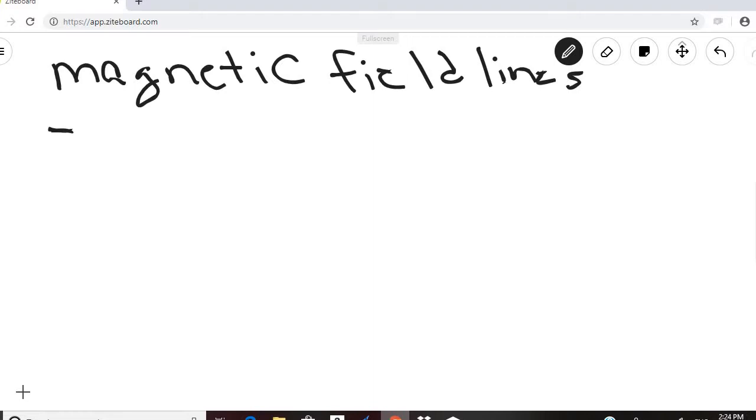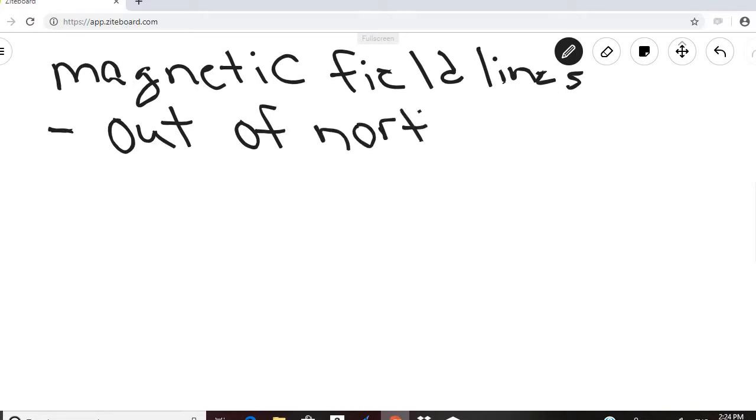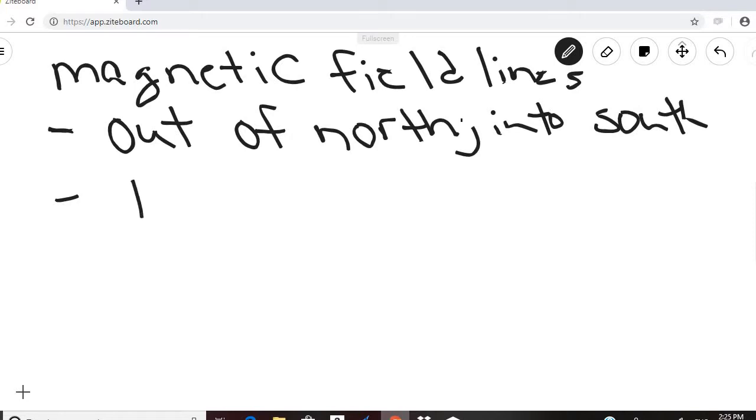We'll do some examples, but the magnetic field lines come out of the north and into the south. Magnetic field lines never cross.